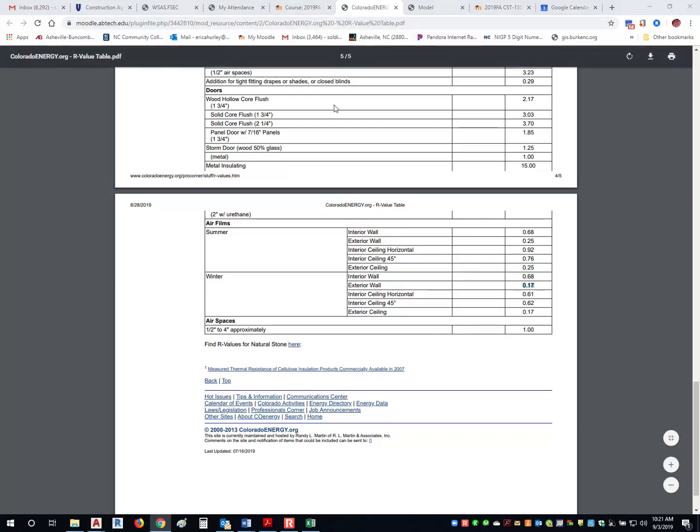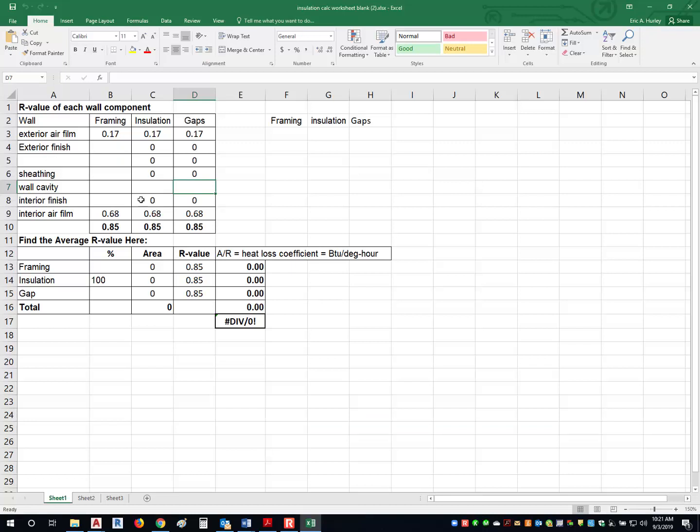So when we go to look at this little sheet here, let's figure out what we've got going on. So in the framing, let's say that we have a 2x4 wall. Okay, so we have 2x4s, and I'm going to give you a percentage of the framing.